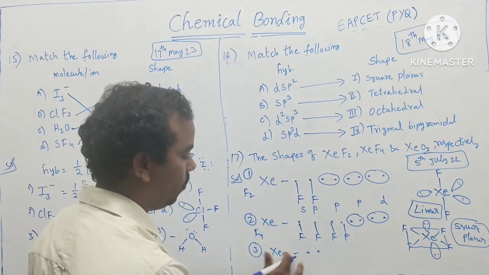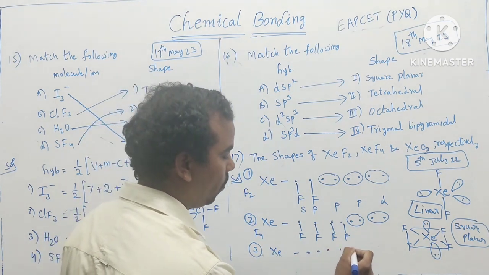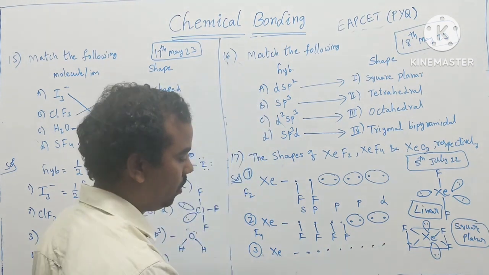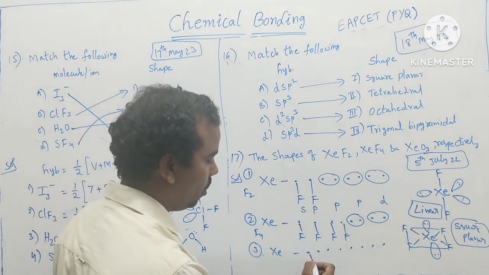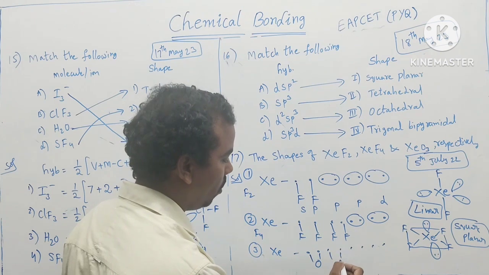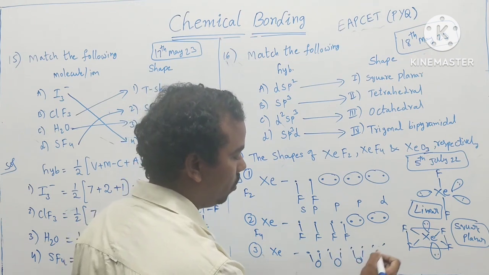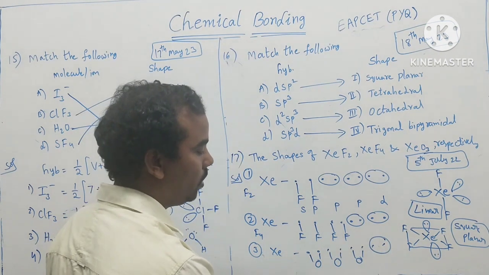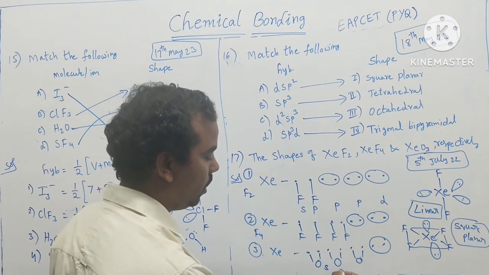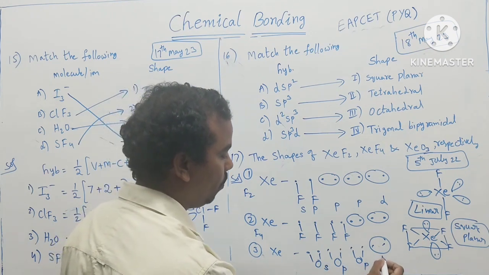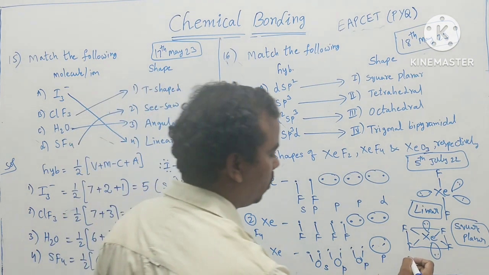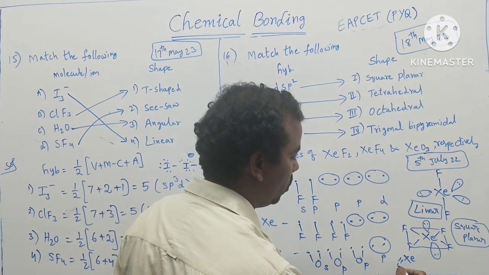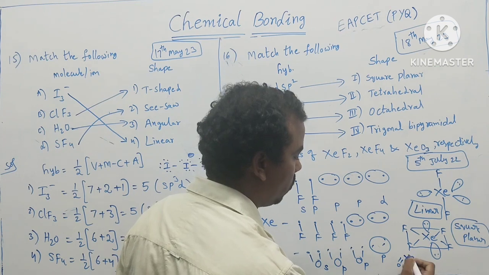XeO3, Xe 1, 2, 3, 4, 5, 6, 7, 8. 8 valence electrons. O3 means oxygen forms 2 bonds. So double bond O, double bond O, double bond O. So 1 lone pair. 3 bond pairs, 1 lone pair. The hybridization is sp3 hybridization. 3 bond pairs, 1 lone pair. So XeO3, 1 lone pair.